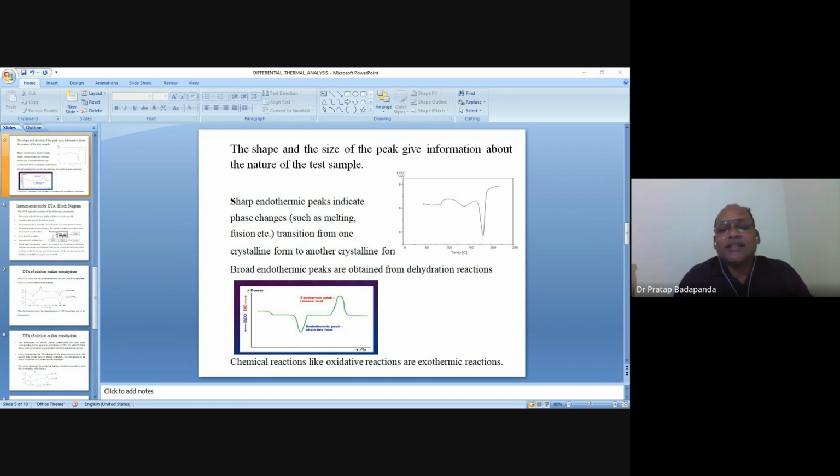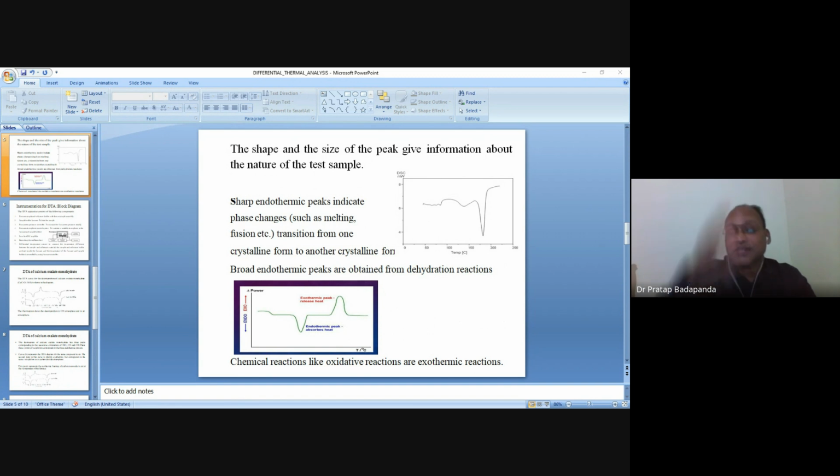You see a sharp edge at the bottom part of the graph. That means it is telling us about a straight change in the temperature, such as melting point, fusion, or the transition from one crystalline form to another crystalline form.